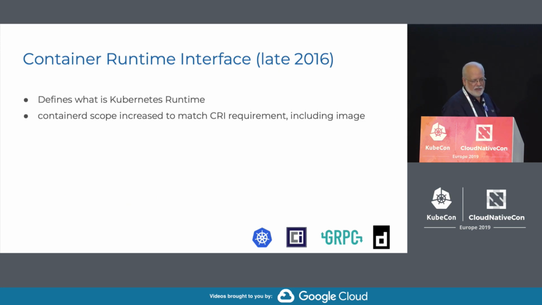A little bit later in time, it became clear inside of Kubernetes that we needed an API to interface with the various container runtimes, because there was a version of kubelet for Docker, and there was another version of kubelet for Rocket. You might have heard of Kubernetes.